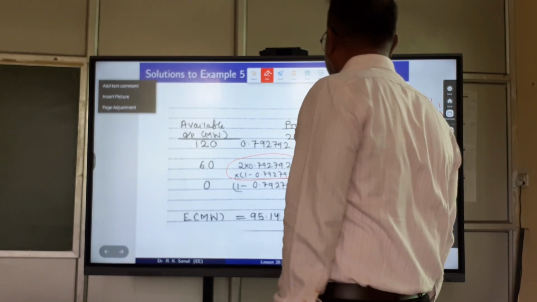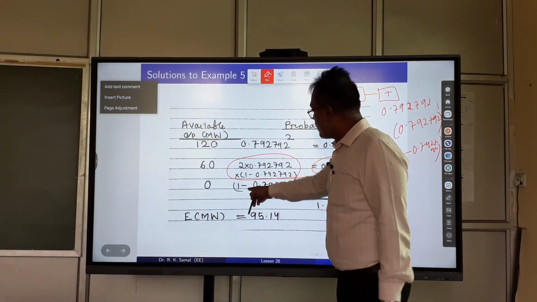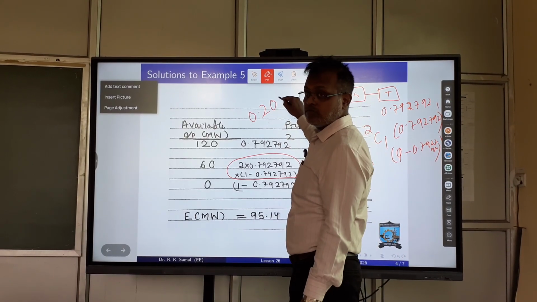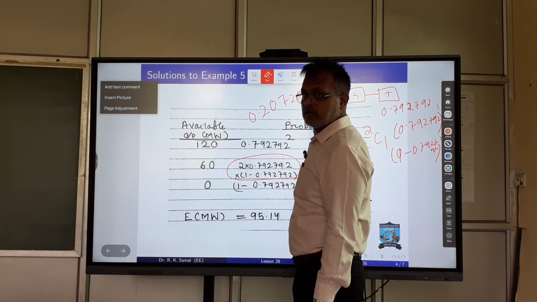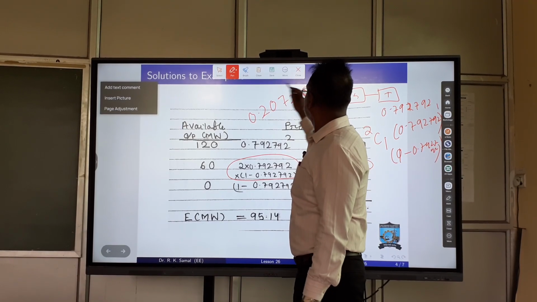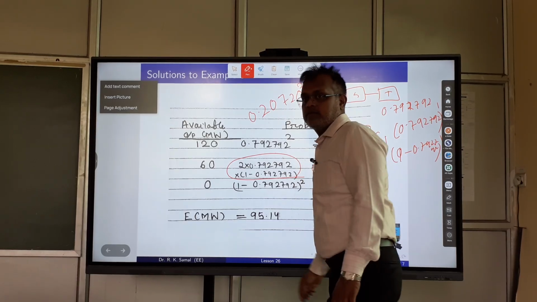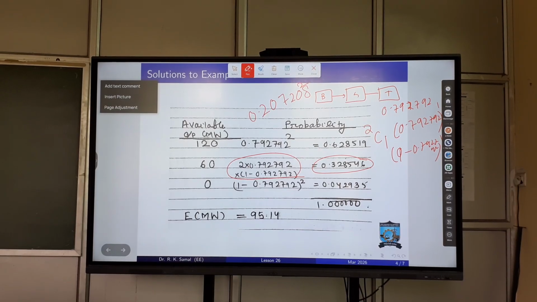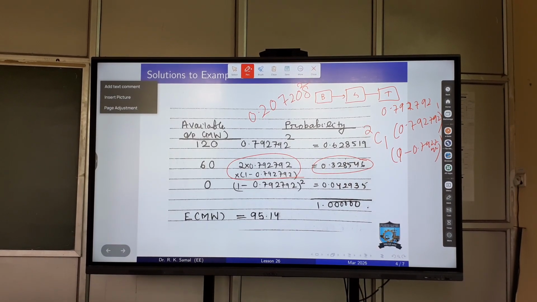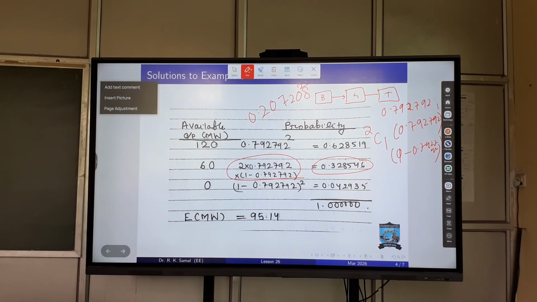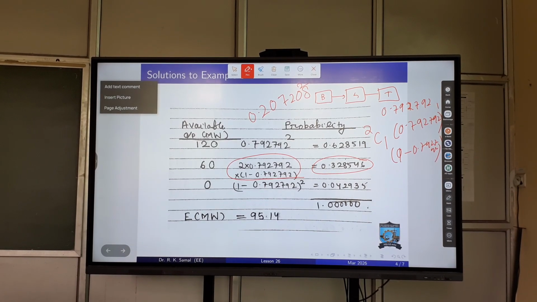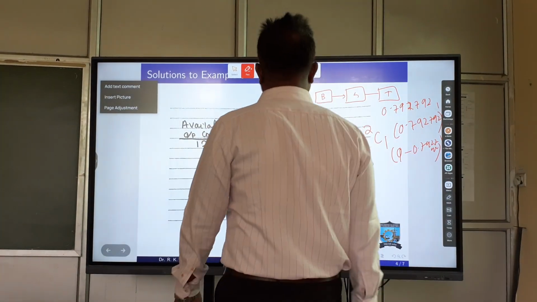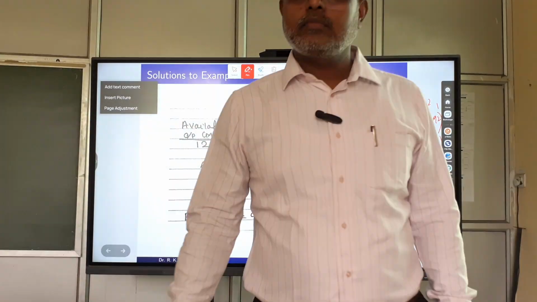Both are out, so how much is it? 1 minus 0.7927, which is 0.2072, and 0.2072 squared.